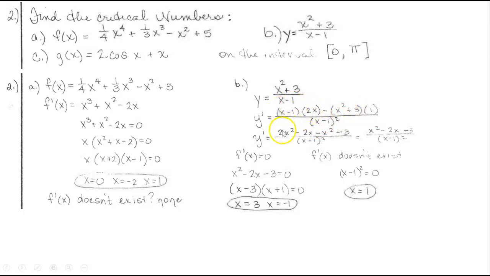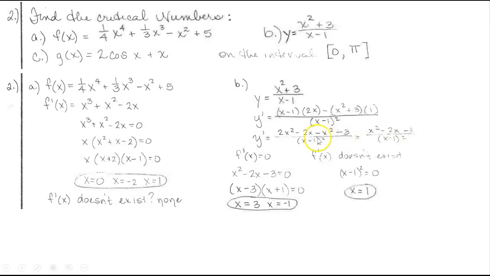X times 2x is 2x squared. -1 times 2x is -2x. And then 1 times the x squared plus 3 would be 1. When we distribute this negative right here, it changes every sign that comes after it. So that's why it's -x squared and -3. So 2x squared minus 1x squared gave us 1x squared, and then minus the 2x and minus the 3.